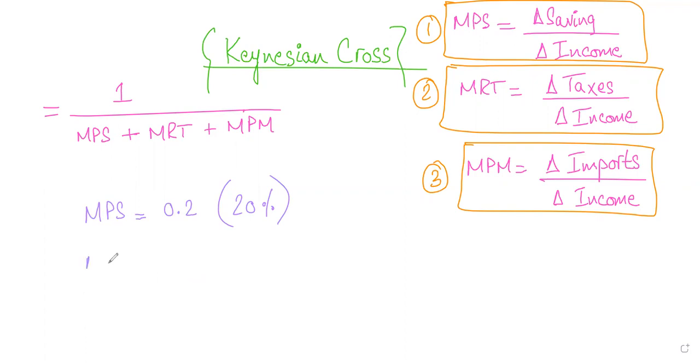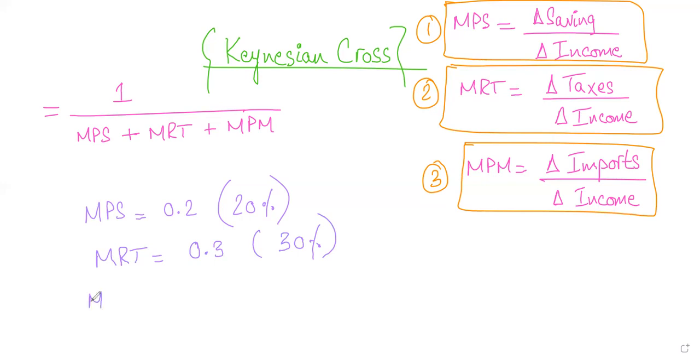Okay, now moving forward, marginal rate of taxation. So the marginal rate of taxation in an economy, MRT, right, is equal to, let's say, 0.3. This means that out of every additional dollar that someone earns, government takes 30% of that additional income in taxes, right? That is what this shows.